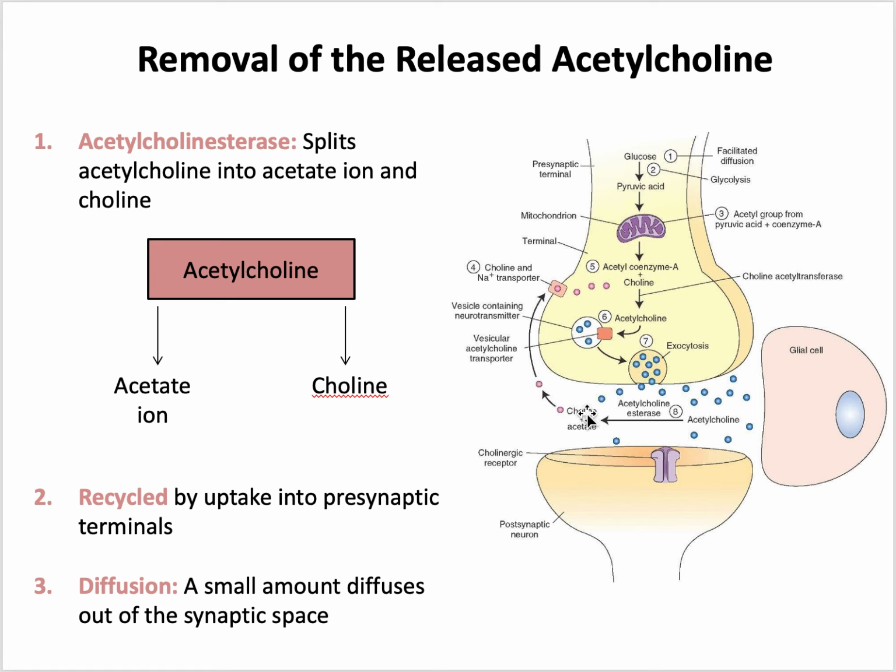A lot of that choline will then end up being recycled back into the synaptic knob so that it can be reused to synthesize more acetylcholine that will then be packaged into synaptic vesicles.